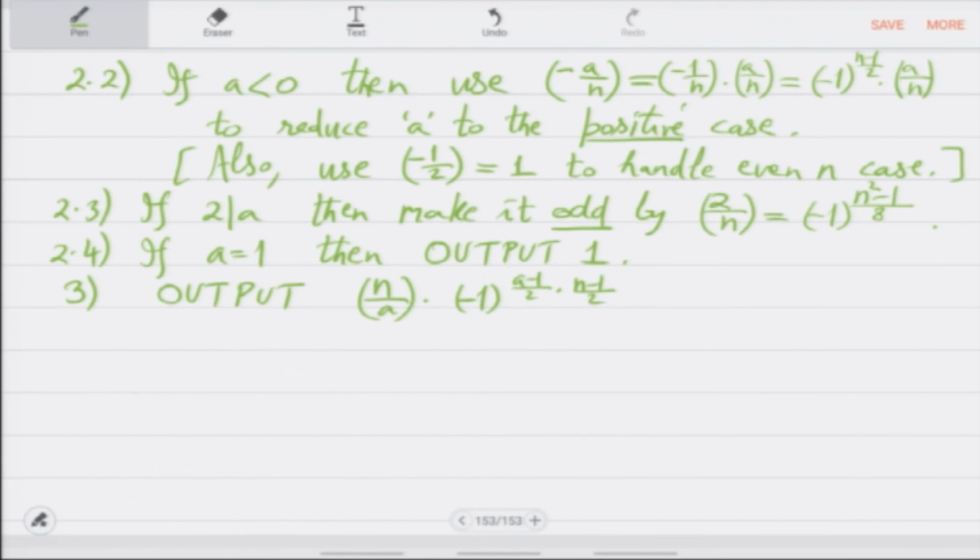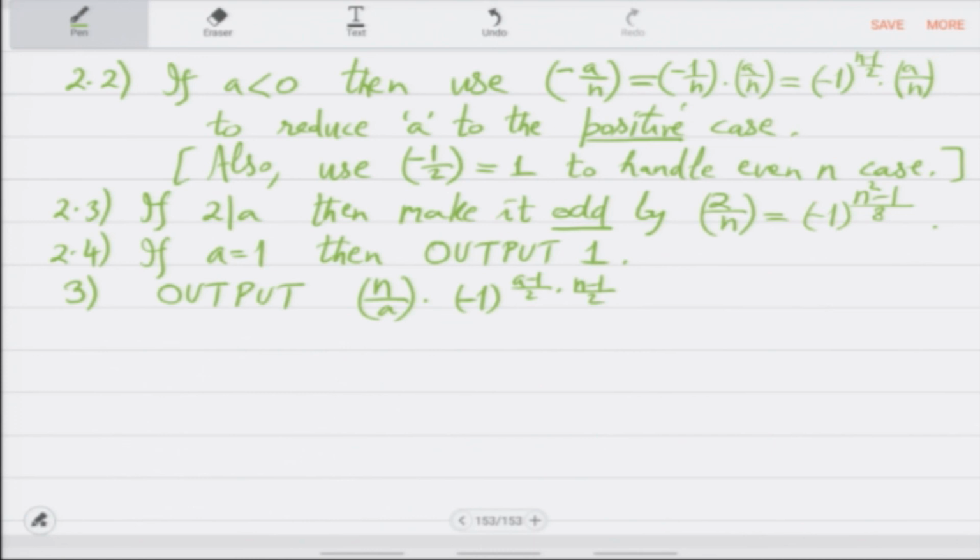Fine. So the advantage now is that a has become around half of n, and when you swap them, n will be reduced modulo a. So n will actually now become half of a.